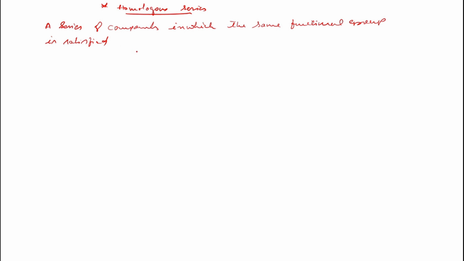So in this, a series of compounds in which the same functional group is satisfied by replacing hydrogen in a carbon chain is called homologous series.